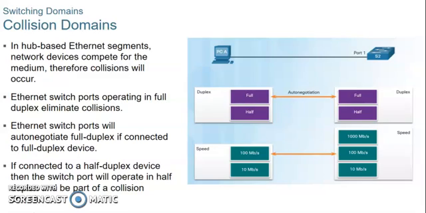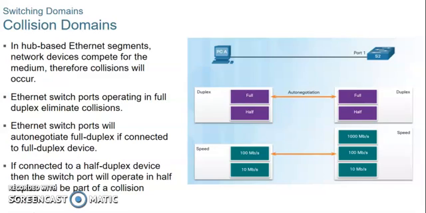Now we come to the collision domain, the switching domain. If you see the switching domain, it is called a collision domain. In a hub-based Ethernet segment, network devices will compete for the medium. Due to that, collisions will occur.